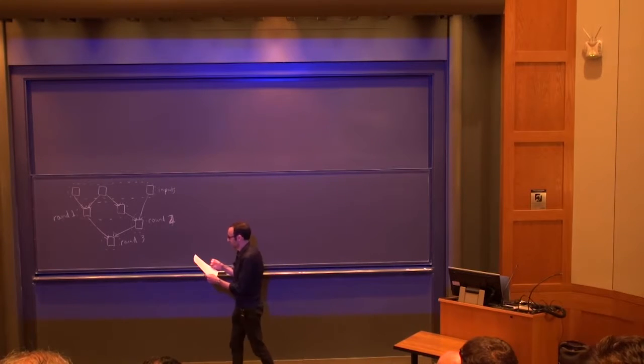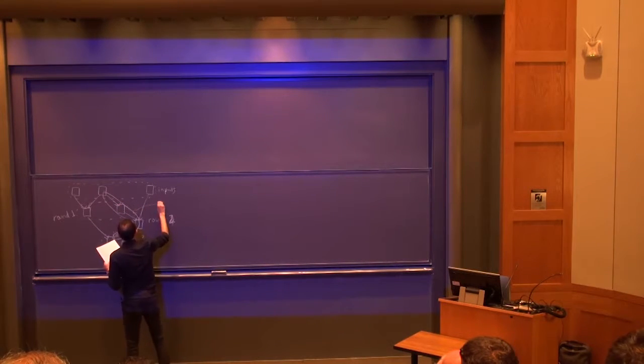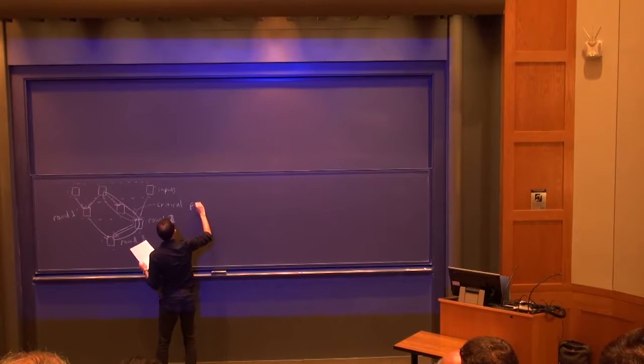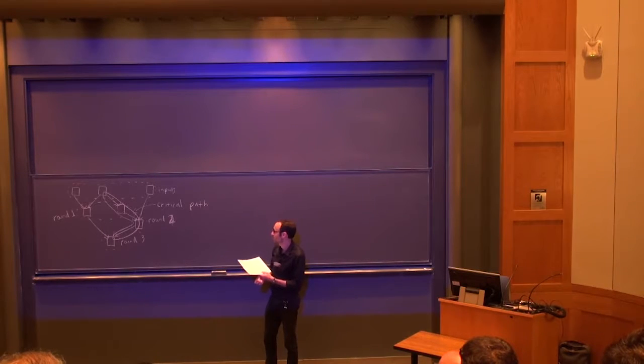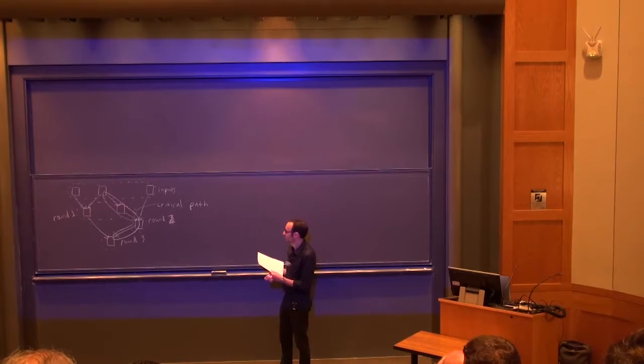And then we can trace, for instance, let me pick out this path here, which we could call a critical path, which is the longest path from one of the inputs to one of the outputs. And that path basically determines how long this circuit takes to execute.